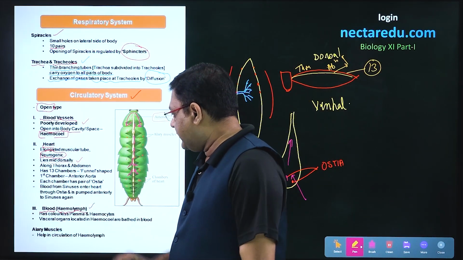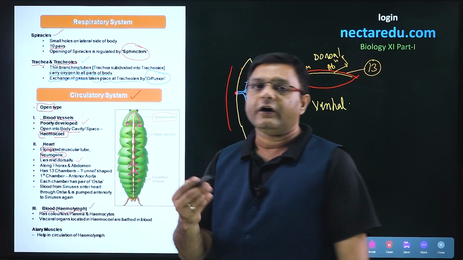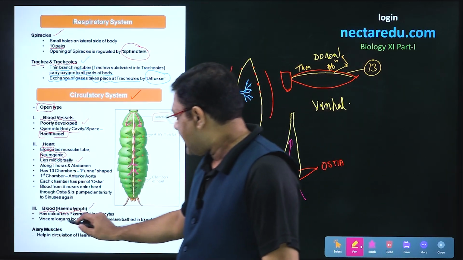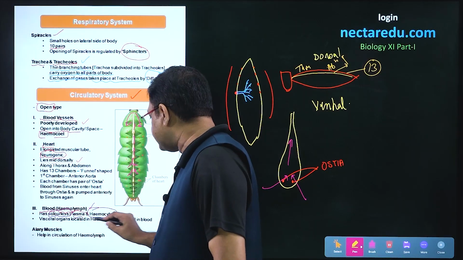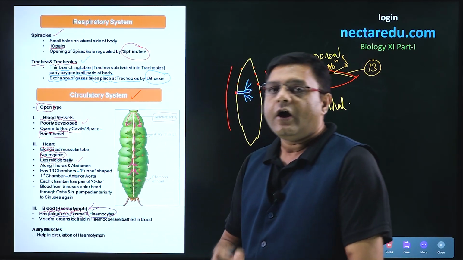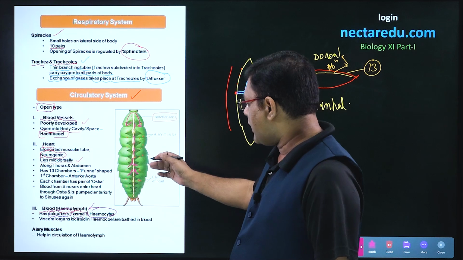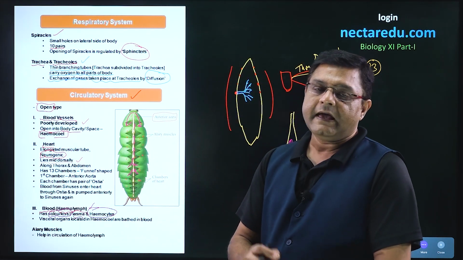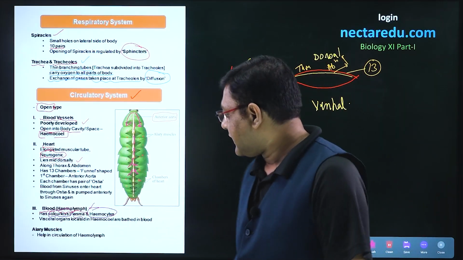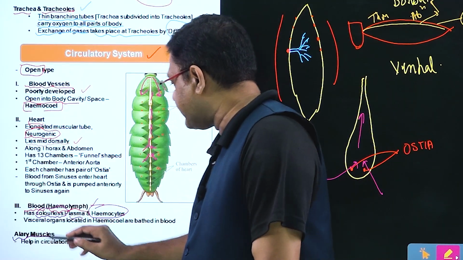Blood is called hemolymph. The blood does not have any respiratory pigment, and that is why we can say it has colorless plasma, and the cells are called hemocytes. All the visceral organs of cockroach are bathed in this hemolymph. There are muscles called alary muscles.